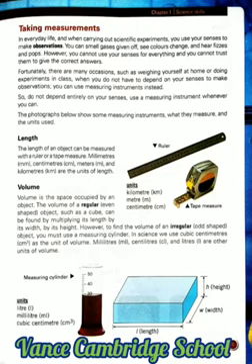For example, we use a ruler, tape measure, measuring cylinders, and weighing machines. Where they will be used, we will read in this topic. So students, I am starting reading.